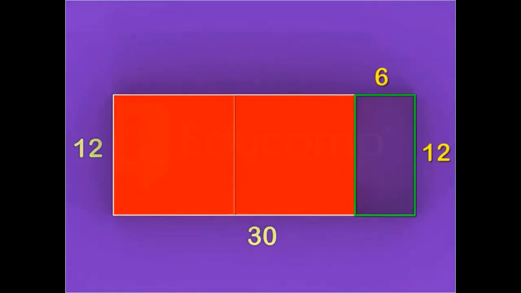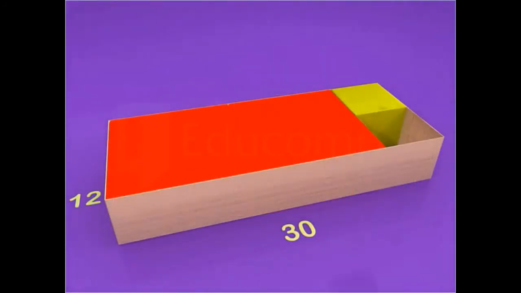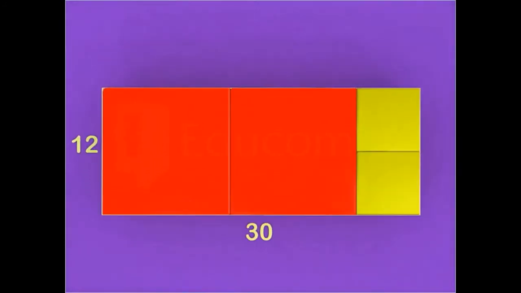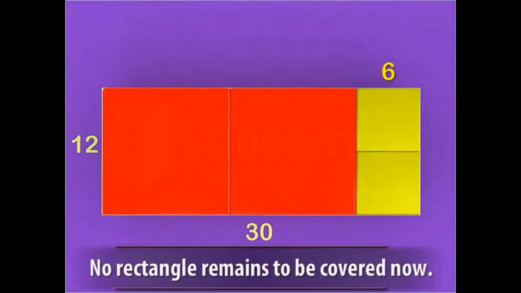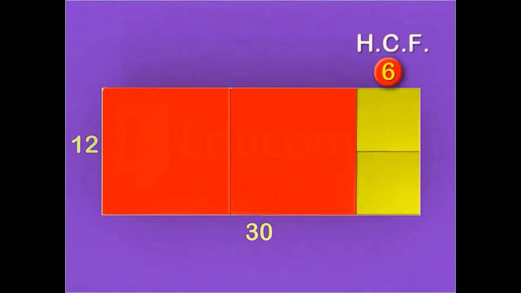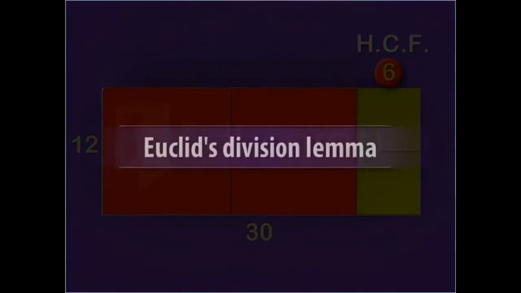Now cover the remaining rectangle with square tiles having side length 6. You can see that no rectangle remains to be covered now. Thus, 6 is the highest common factor of 30 and 12. This method to find the highest common factor involves the repeated use of Euclid's division lemma.